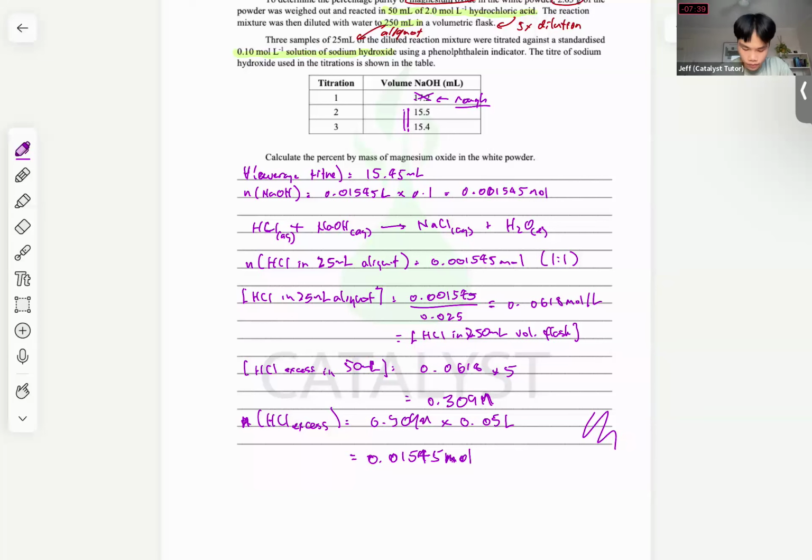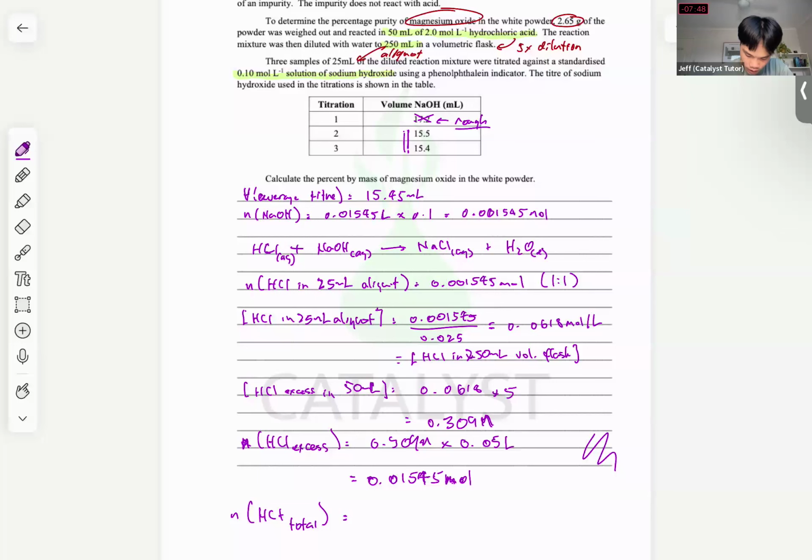Of HCl excess. Now we can find the moles of HCl total because we were given the concentration and volume of the far in excess HCl. So 0.05 liters times by 2 mole per liter is equal to 0.1.